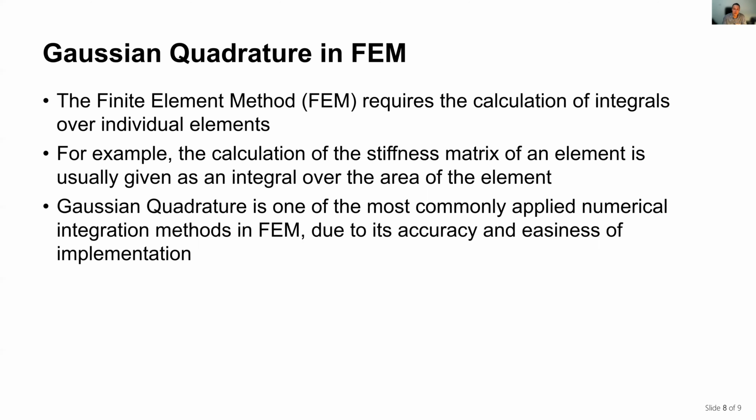So it's a difficult integral to calculate. And in this case, we can apply the Gaussian Quadrature rule, and we can get easily an approximation of the integral, which we can use to find the stiffness matrix. So many times we use Gaussian Quadrature due to its accuracy and easiness of implementation.